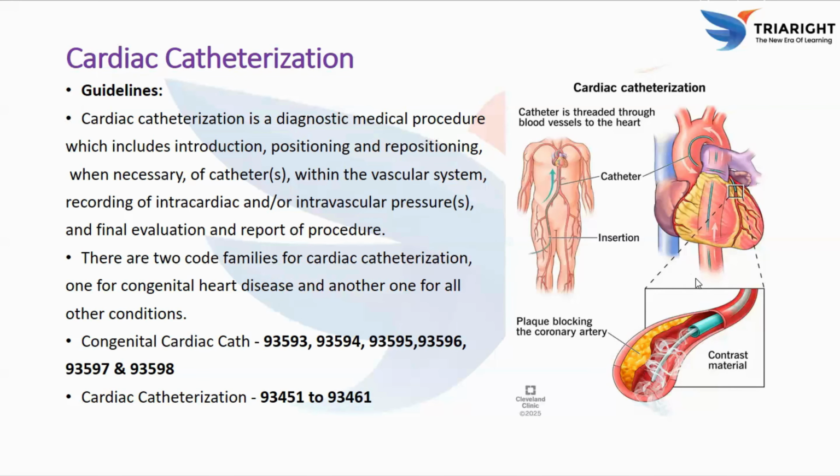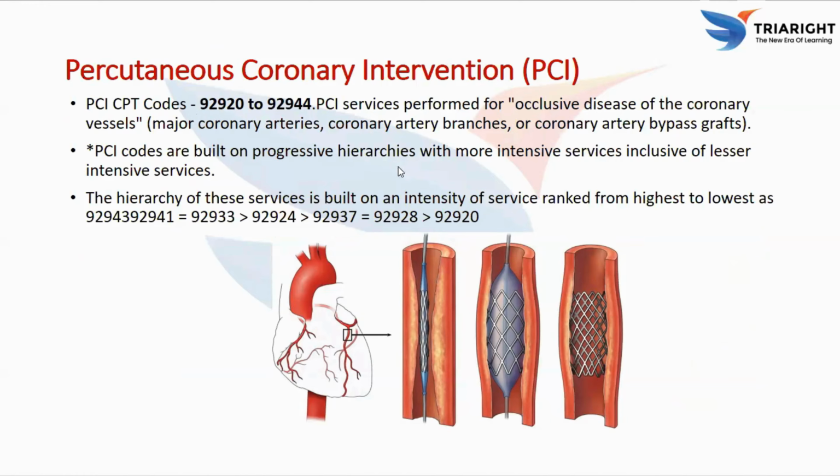So the next procedure is PCI, percutaneous coronary intervention. So what is PCI? It's a non-open procedure. Non-open means there is no incision. It is done through the skin, a percutaneous approach, performed to treat blocked coronary arteries.